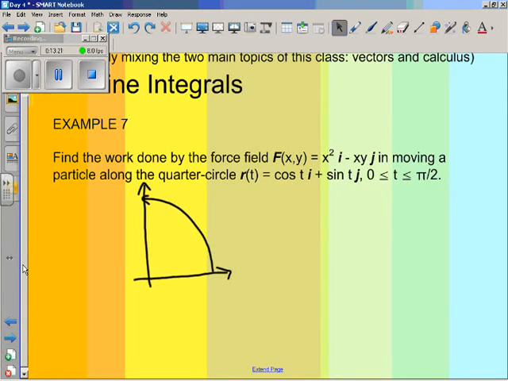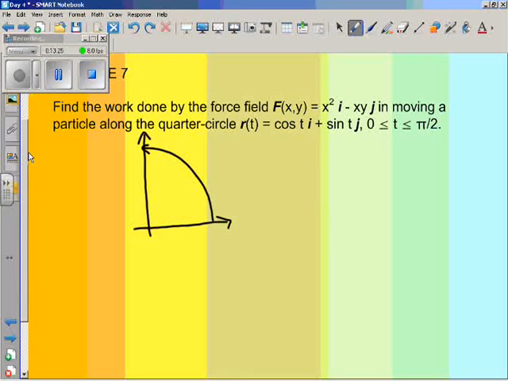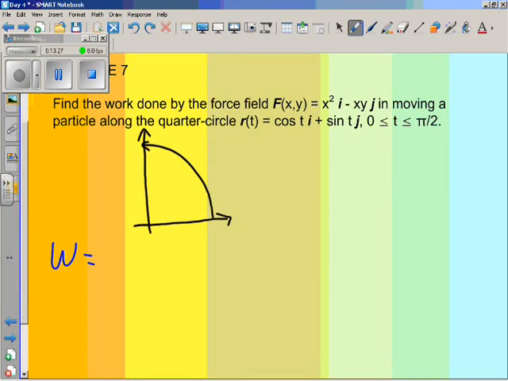Okay, so when we set up this integral, we want to find the full work done. So it's going to be the integral over C of F of x y dotted with r prime.